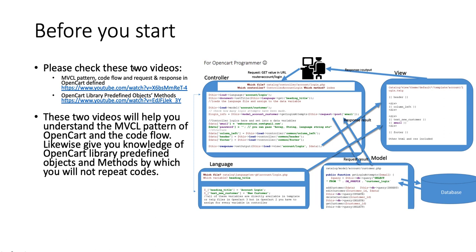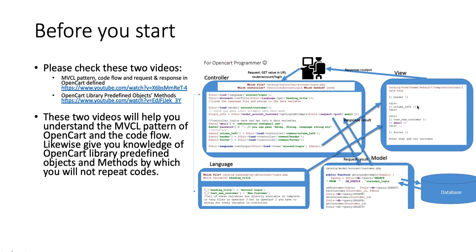Before you start, please check these two videos. One is related to the MVCL pattern code flow, request and response in OpenCart, which defines these flow diagrams: how the user requests the controller, and how the controller interacts with the model file and language file and transfers the data to the views.